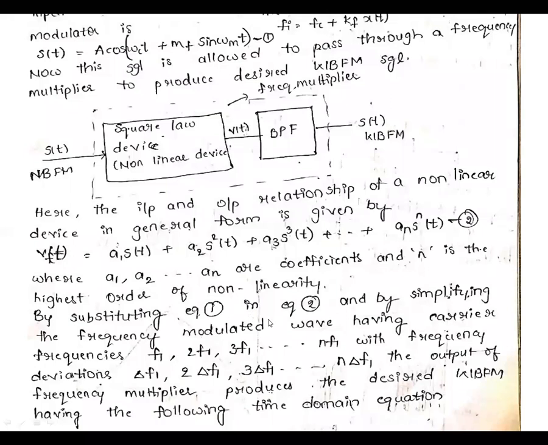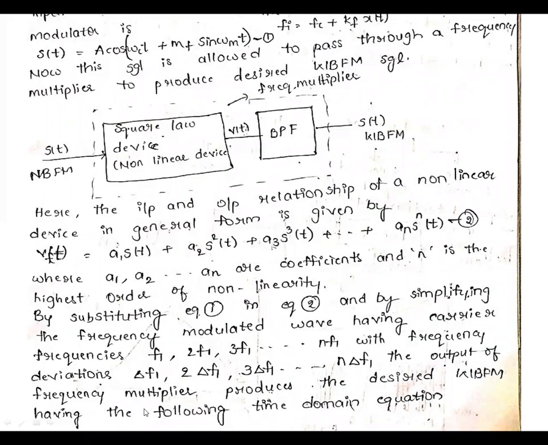By substituting this equation and simplifying, the frequency multiplier wave is given to the band pass filter, where a band of frequencies is generated with respect to these coefficients. Those frequencies are f1, 2f1, 3f1, up to nf1, with frequency deviations del f1, 2 del f1, 3 del f1, and so on, n del f1.